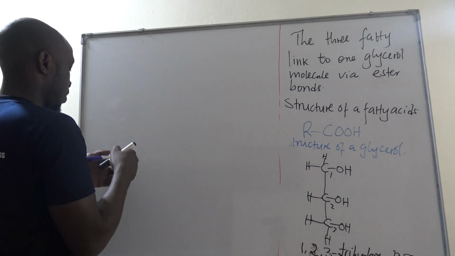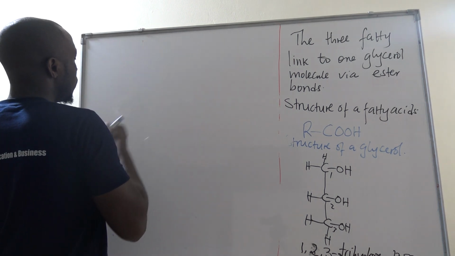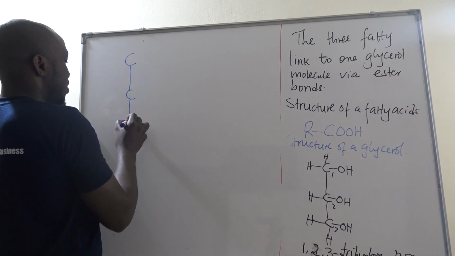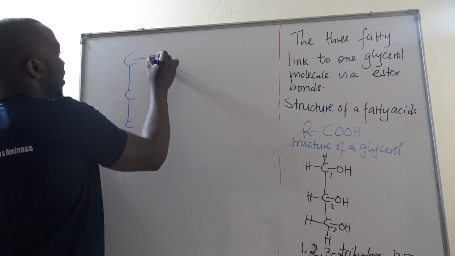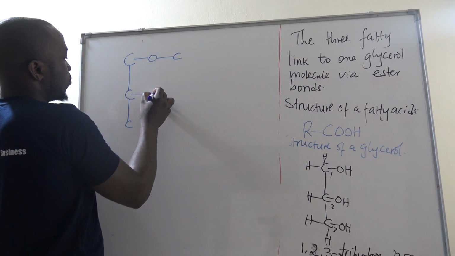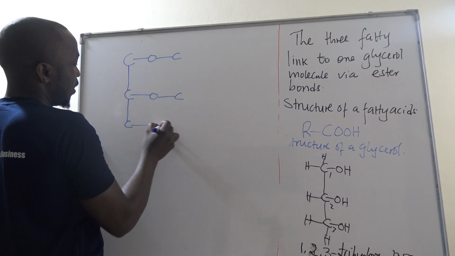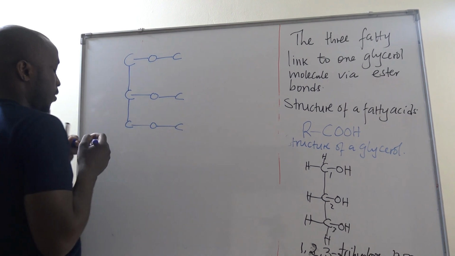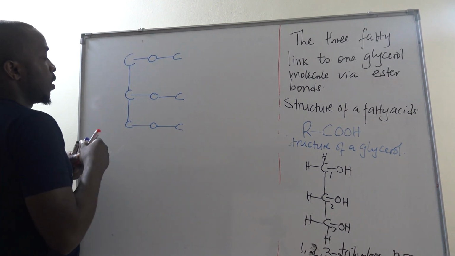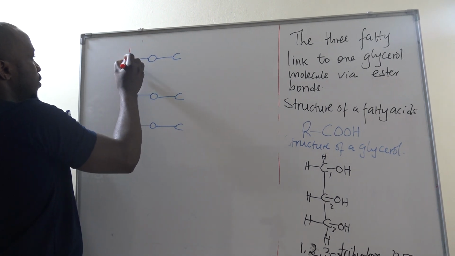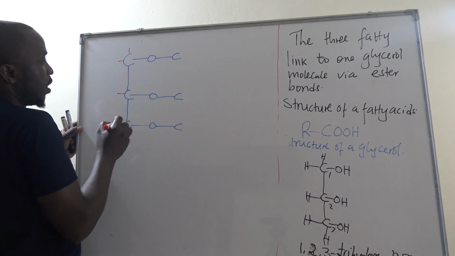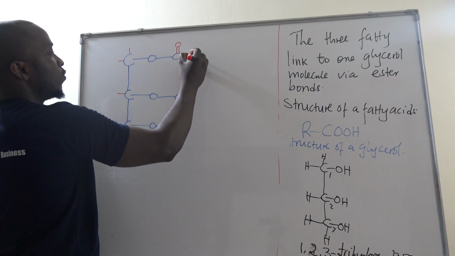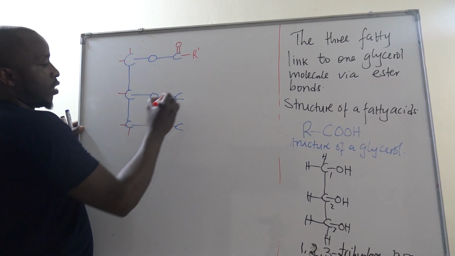I've said a triglyceride has an ester bond. Ester bonds are like that. So that would be this, the glycerol backbone bond. This would be the carboxylic end of the fatty acid.